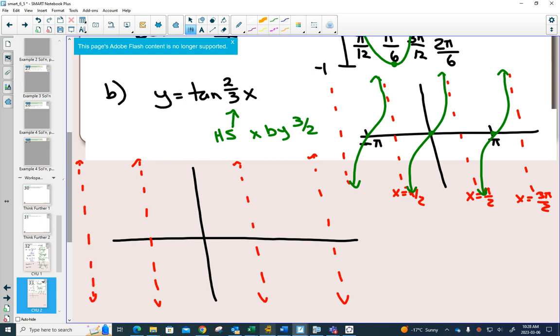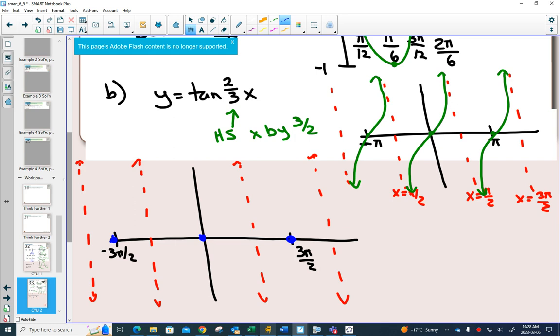We are still going to have x-intercepts that are going to repeat themselves. The x-intercept at 0 is going to stay, because if you multiply x by 3/2, that's not going to change. If you had pi and you multiplied it by 3/2, can you see that you would have 3π/2? And over here, you're going to have negative 3π/2.